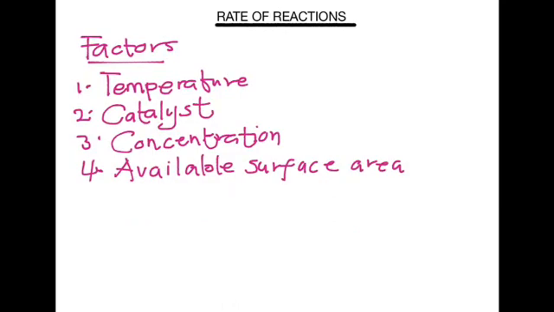So in this video we talked about the collision theory, where we find out that effective collisions result in the formation of products, and we also talked about the activation energy theory, where we find out that reactant molecules require a certain minimum amount of energy, which will enable them to go over the intermediate complex to form products.